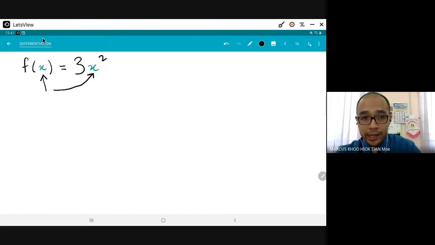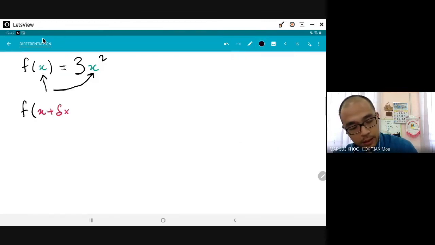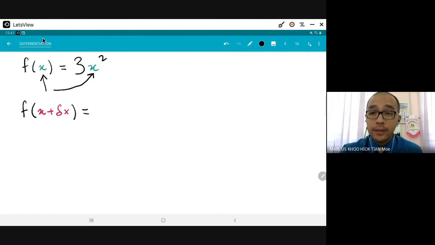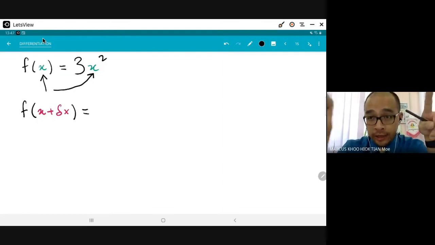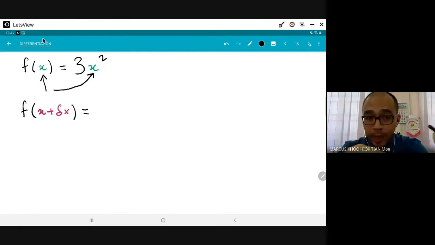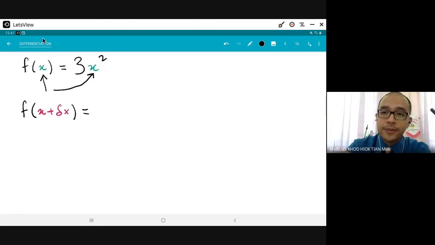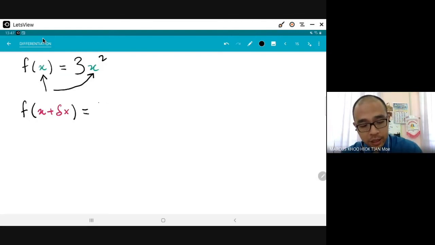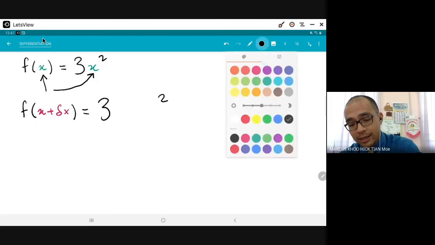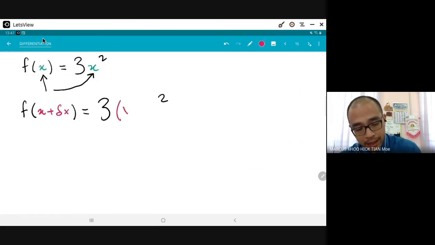Kalau f(x) adalah ini, kalau saya ubah saya punya x menjadi x plus del x begini, green will go in the green place. If I change the green to pink, di sebelah kanan itu, the green will also change to pink. Tetapi yang hitam kekal. The 3 and the squared akan kekal. Yang akan berubah adalah x plus del x. Begini.